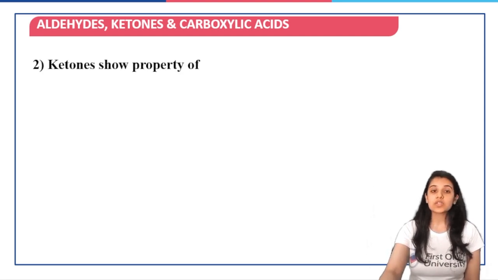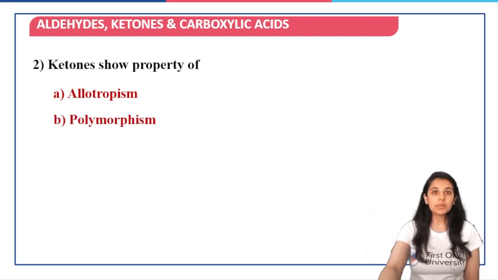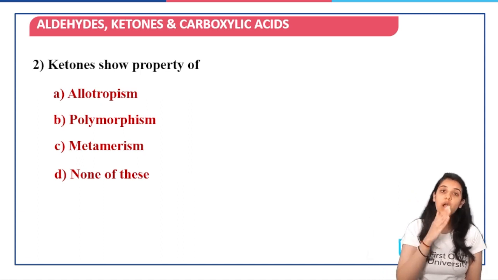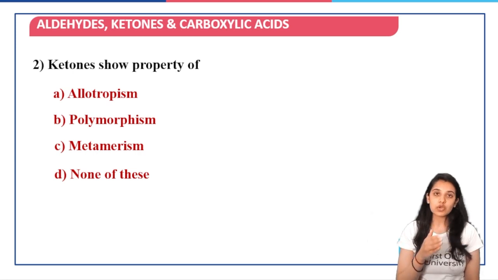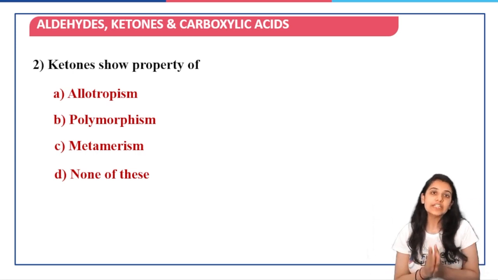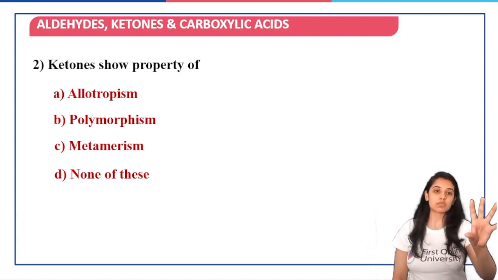The second question is, ketones show the property of allotropism, polymorphism, metamerism, or none of these. Allotropes are those for carbon, which we have already seen. So allotropism is not something associated with ketones. It is associated with carbon, with inorganic chemistry.